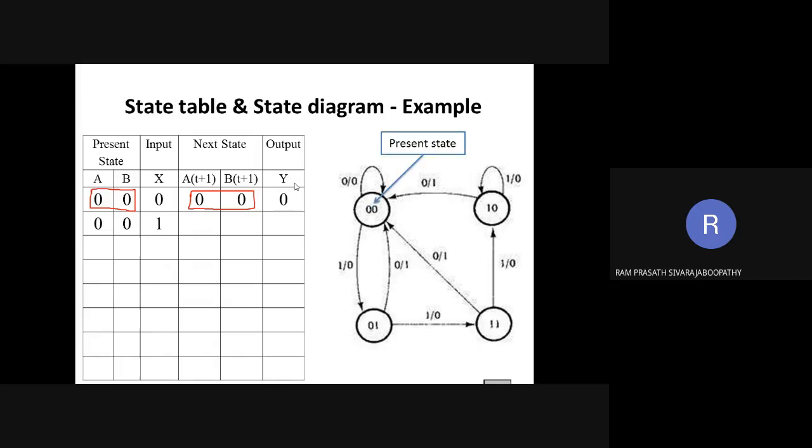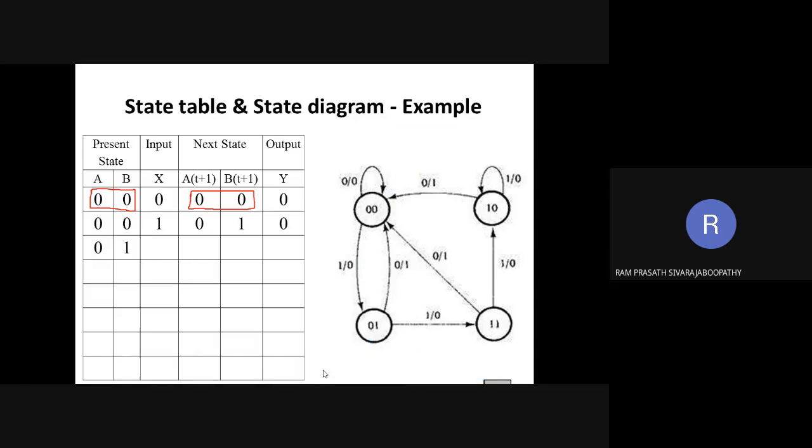Input, what are we going to give now? 1. Correct? So we have given input 1. What about the next state? We said it should go to 0, 1. Look carefully where the arrow goes from this state 0, 0. It has come to 0, 1. So what about the state transition? This arrow is the state transition. Which state has it come to? 0, 1. What about the output? 0. Is it clear? For each and every combination of present state and input, there will be a next state and output. Clear?